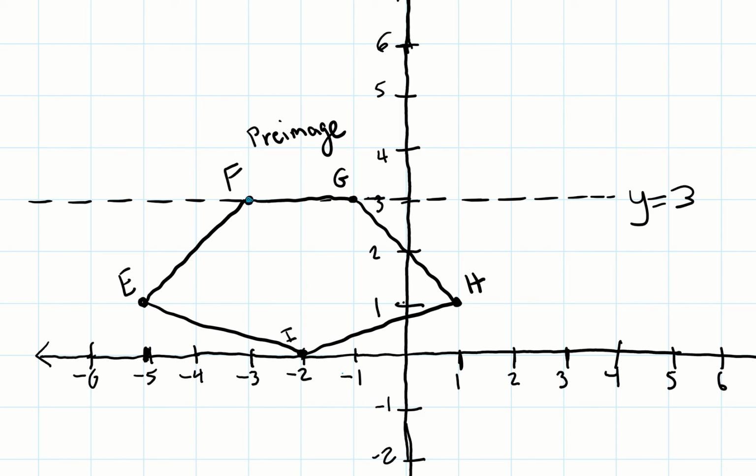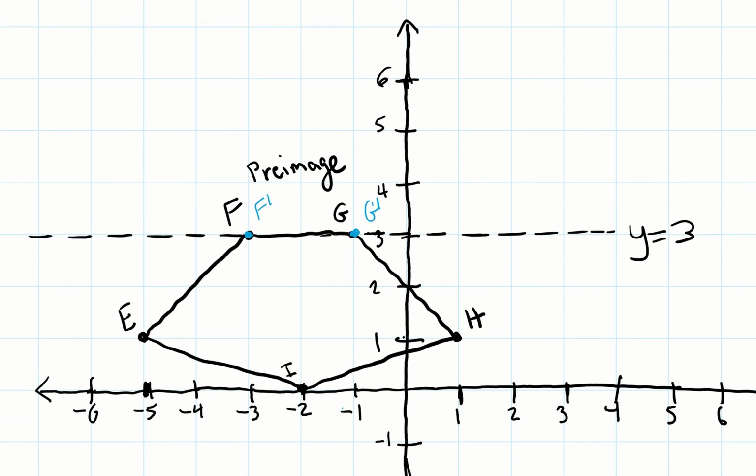F and G are going to stay on that line, whereas H is going to reflect 2 units away on the other side. I is going to be 3 units away.